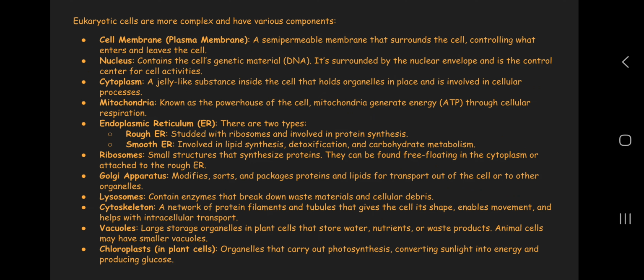There are two types: rough ER, studded with ribosomes and involved in protein synthesis; smooth ER, involved in lipid synthesis, detoxification, and carbohydrate metabolism. Ribosomes, small structures that synthesize proteins. They can be found free floating in cytoplasm or attached to the rough ER.